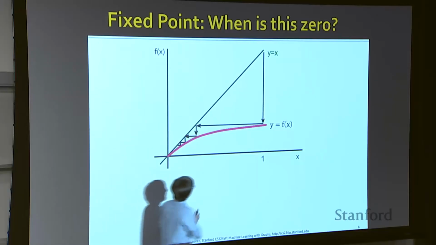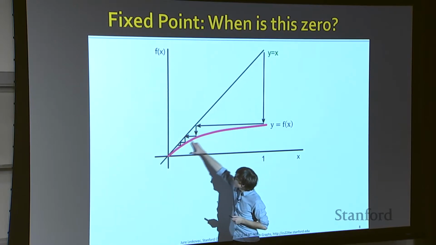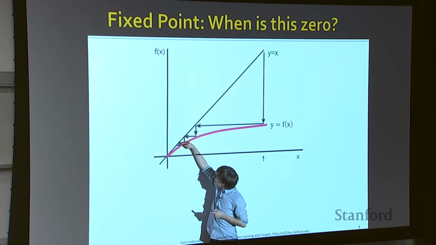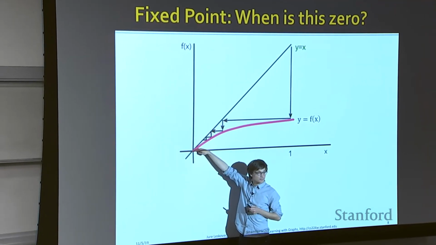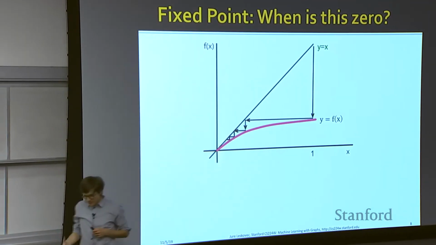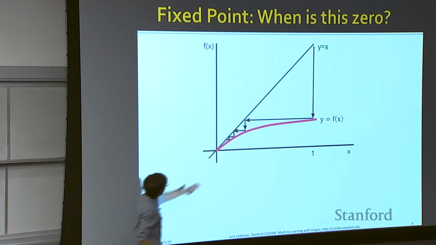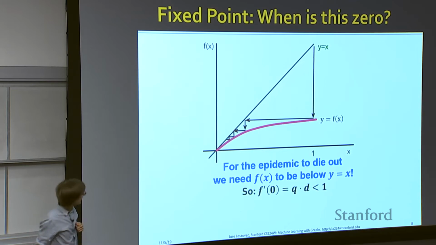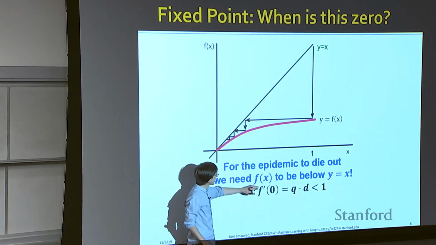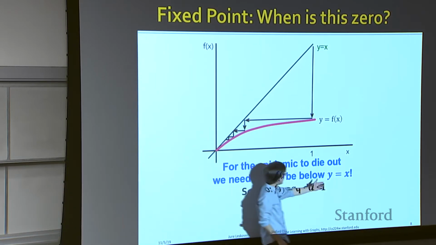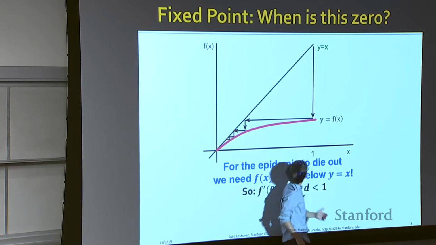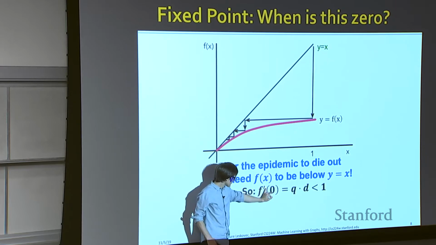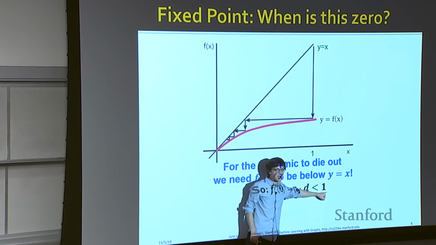So if our f of x would look like this, then this is how my iteration would look like, and I would slowly get to 0. As I said before, what we require is for this function to be always below the diagonal, right? So for the epidemic to die out, f of x has to be below y equals x, below this diagonal line. So what this means is that the derivative at 0 has to be less than 1, right?